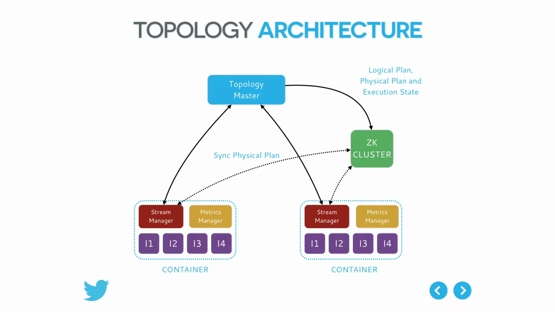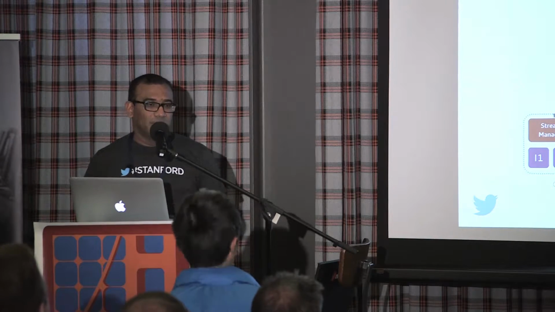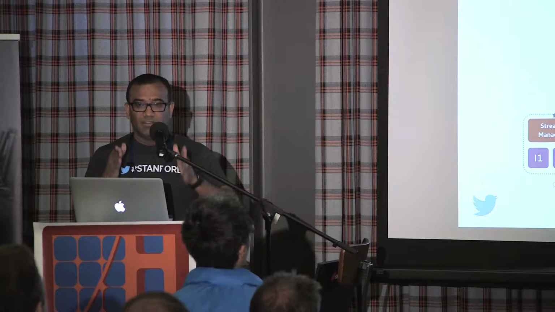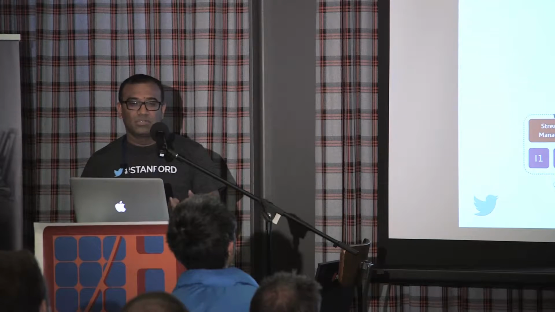If you look at how the entire topology runs, we have this notion of a topology master, which is responsible for the life cycle of the entire topology, and that runs in a special container called container 0. When I say container, it's nothing but a cgroup container that Linux supports, which gives you nice resource isolation, so that whatever resources you allocate for that container, like X CPUs and Y amount of memory, do not get exceeded.